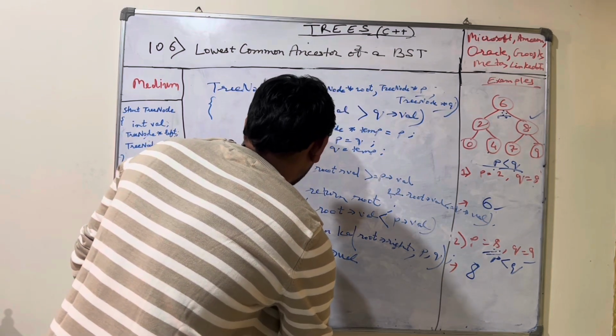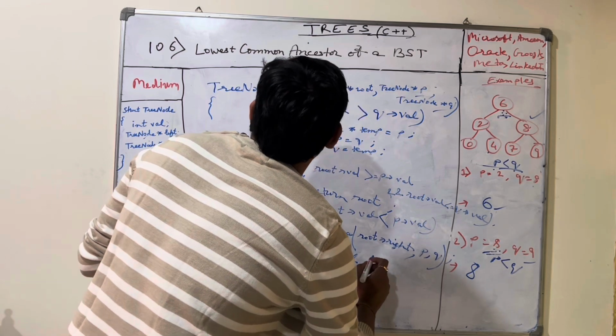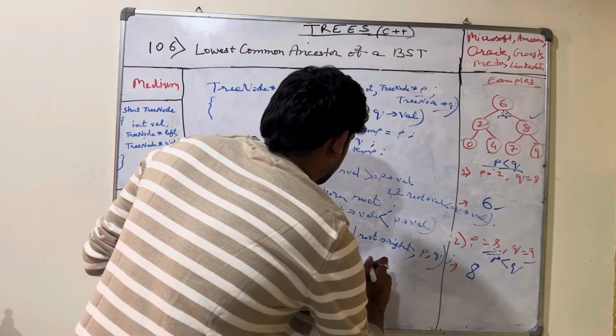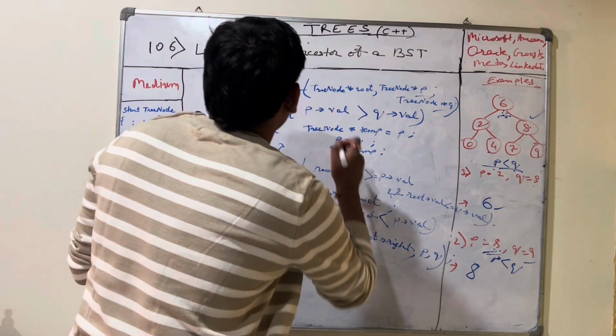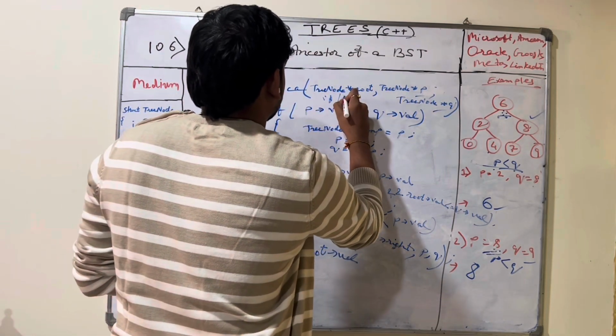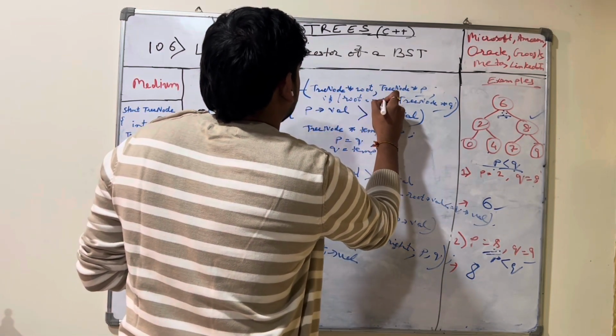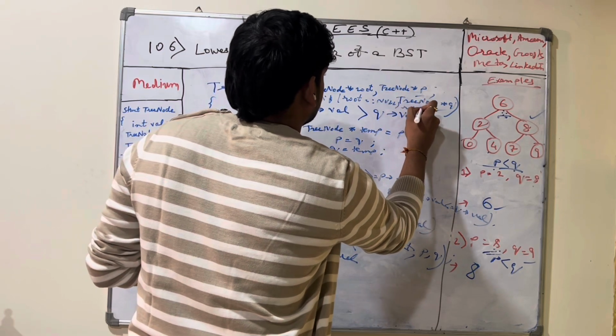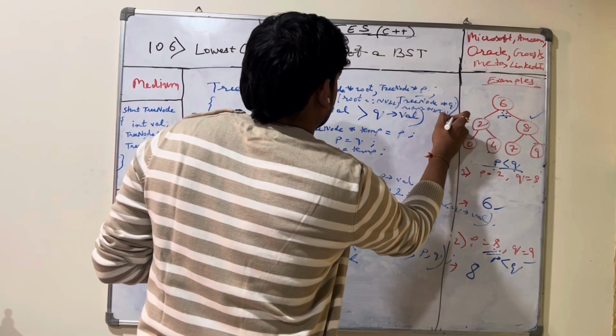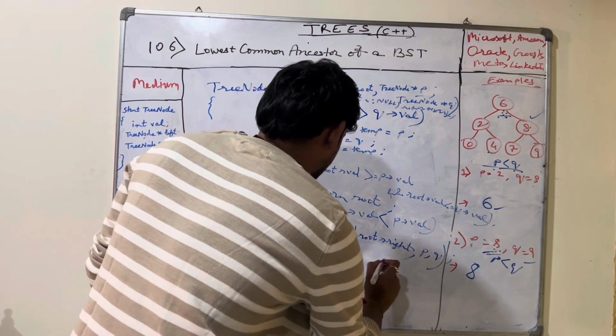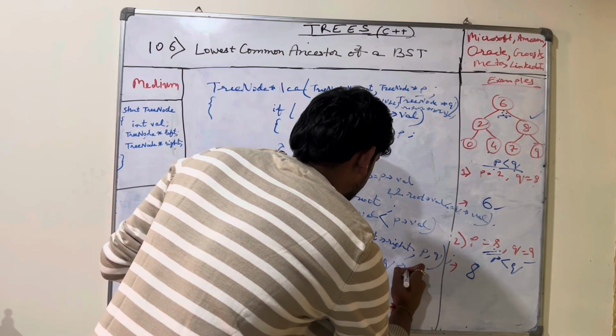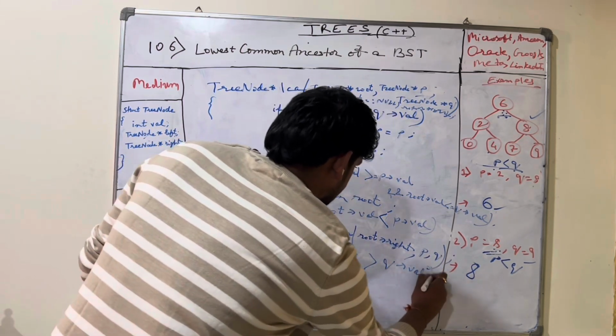Else if root value equal is here also we need to write, if root equal to null, return null, okay. And here else root value is greater than q value, then what do we want?